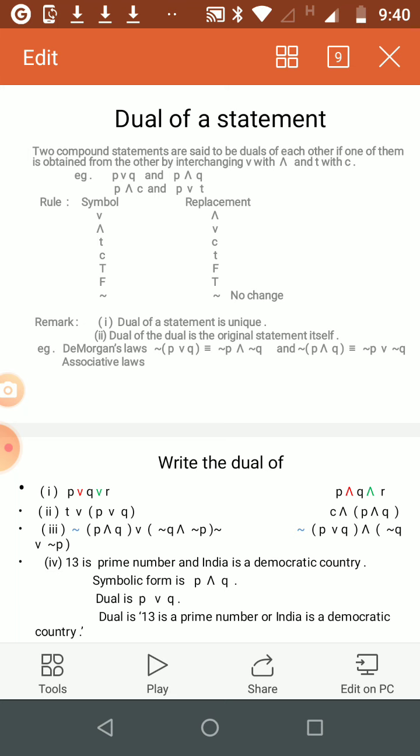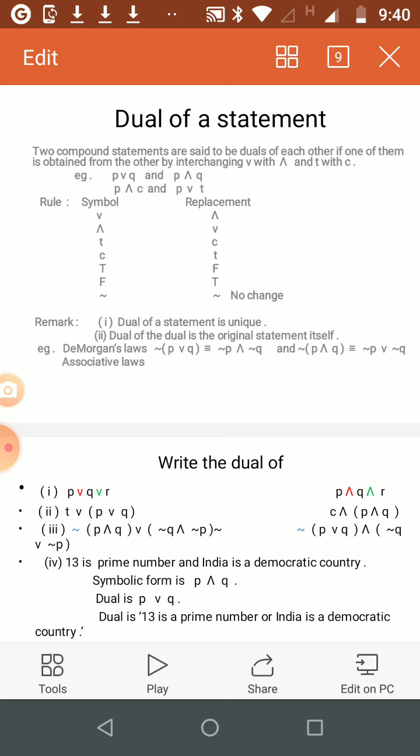In the second case, and is replaced by or and C is replaced by T, because C and T, contradiction and tautology, are duals of each other. Similarly, and and or are duals of each other.